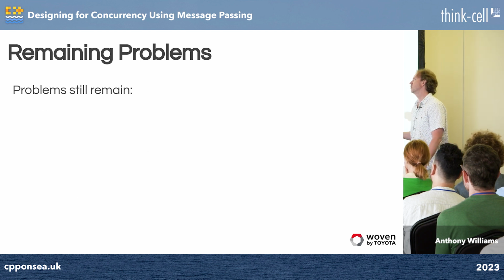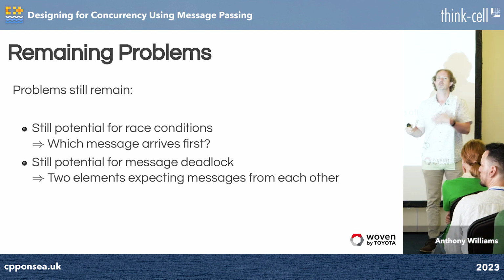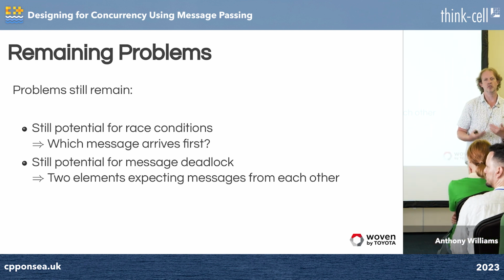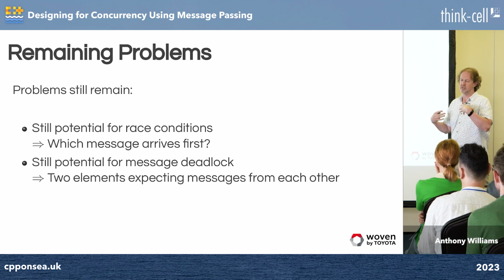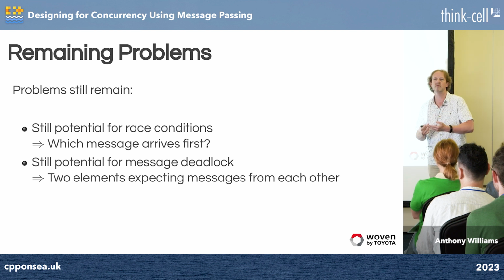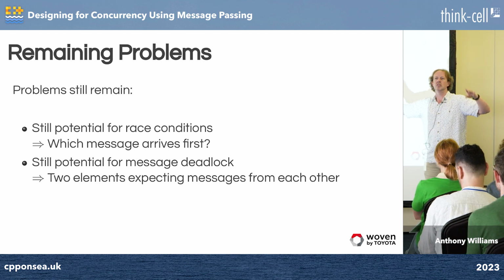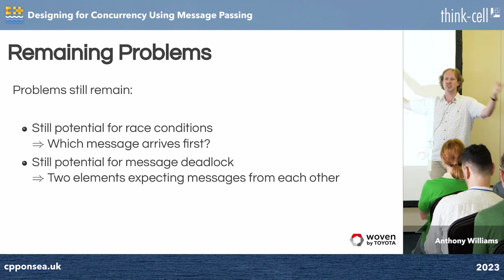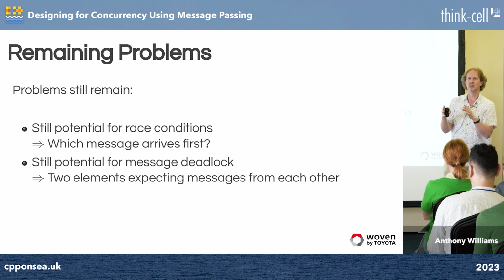We do still have potential for problems. There's potentials for race conditions. Just because there isn't a low-level data race, there can still be races in terms of if you've got multiple things sending messages and you've got multiple threads, two things on separate threads send a message to the same third thing at the same time-ish, there is actually a race.